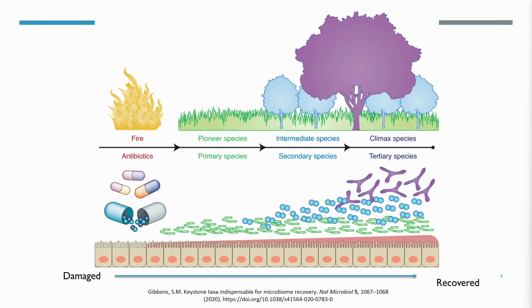And so basically these bacteria, the blue and the purple, require this recovering ecosystem in order for them to survive and to grow. Just to give you a little bit of context here as well, this red shading is the mucus layer. So when you have disruption to this intestinal barrier by antibiotics, for example, you get thinning of this mucus layer.